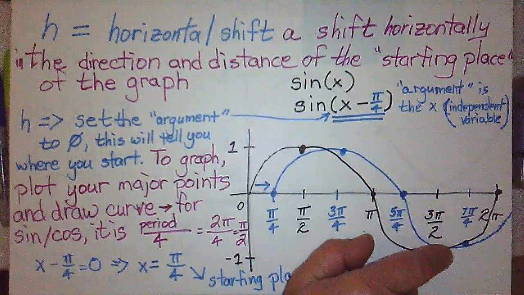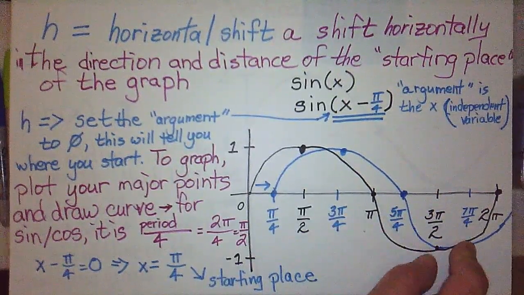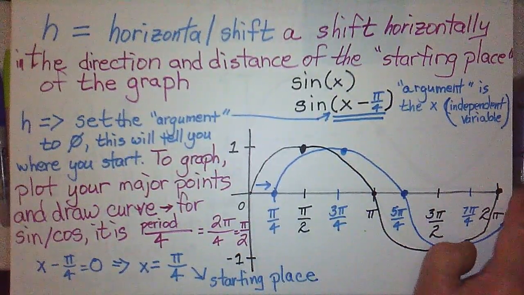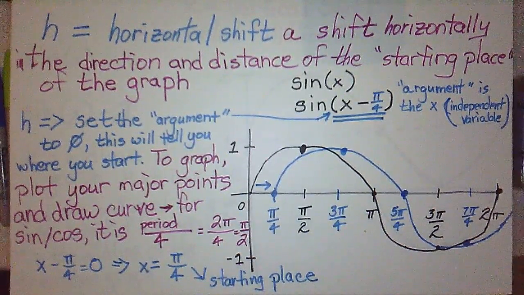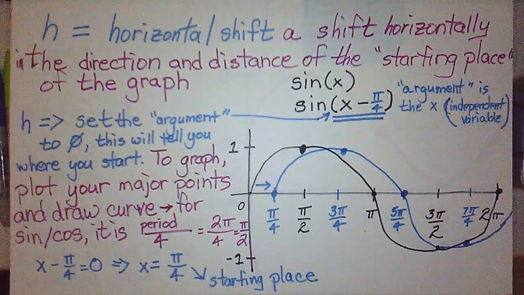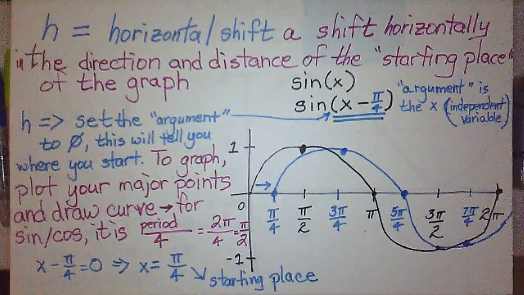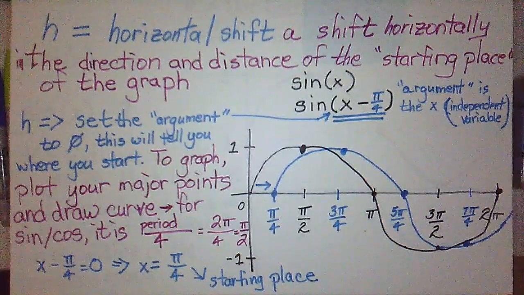That's where my lower level is. And then we have to get back to 0, and that would be 2 pi plus pi fourths. So that would be 9 pi fourths.